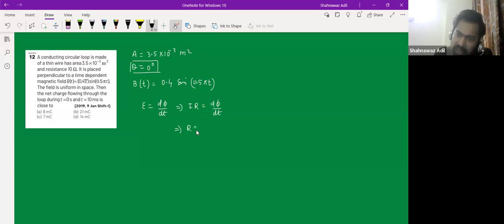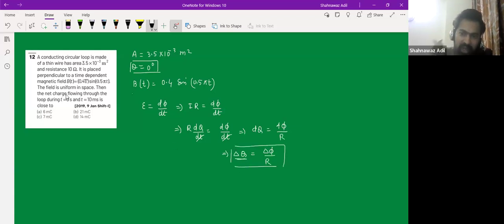I is dq by dt. So this dt and dt will cancel, and your charge would be simply d phi divided by R. If I write it in delta, this is delta q is delta phi by R. So this would be the net charge.